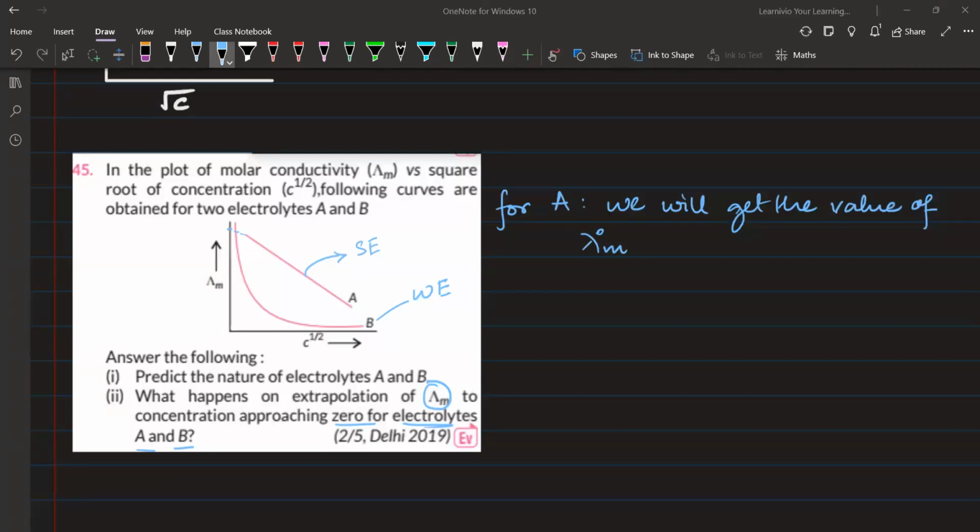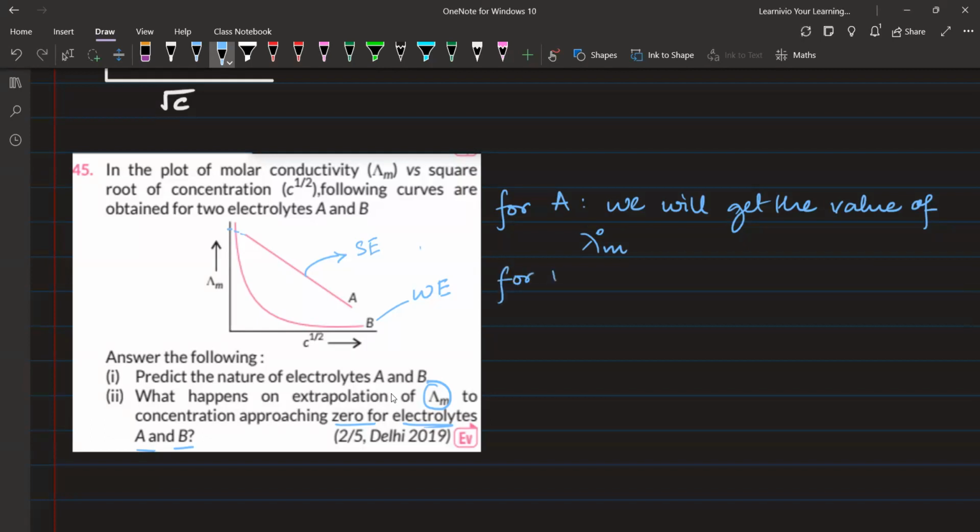Okay, the same thing, if we do it for the weak electrolyte, then we know that for weak electrolyte, the lambda m is going to increase steeply on dilution. And extrapolation to zero concentration is not possible, right? It is not possible for weak electrolyte.